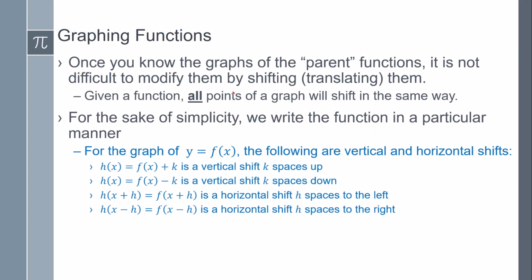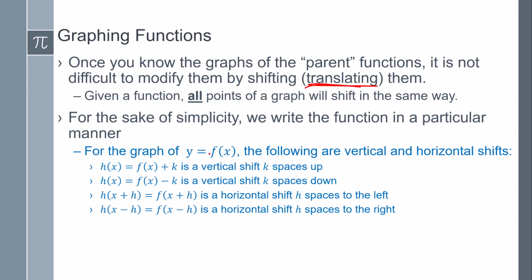So every single one of these parent functions, we're just starting out with quadratic, but every one of them is going to be modified by some sort of shifting, and we call that a translation. And there's a generic form of thinking of it.